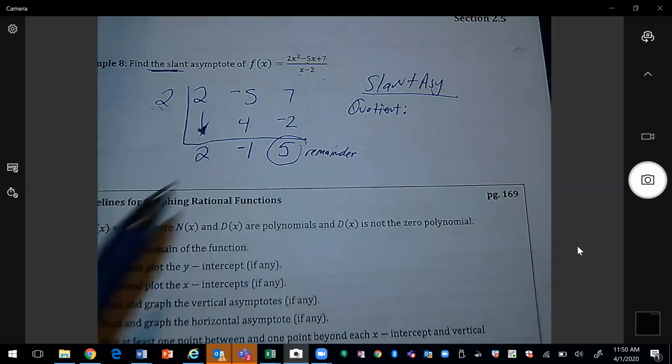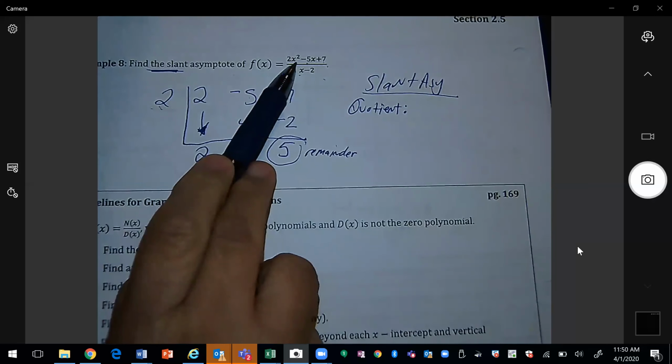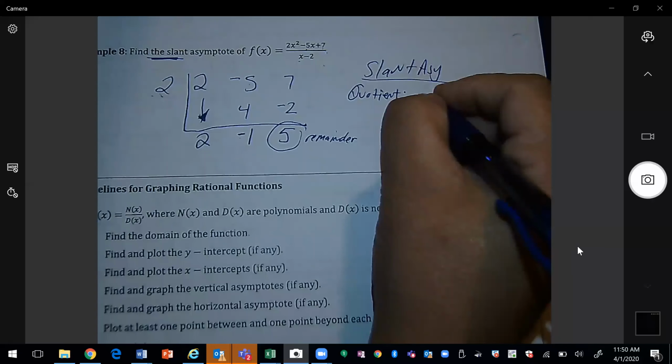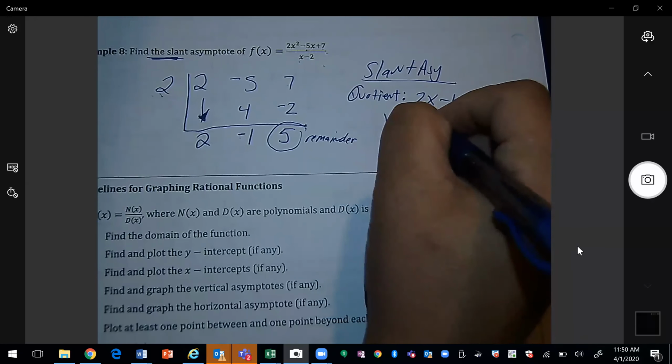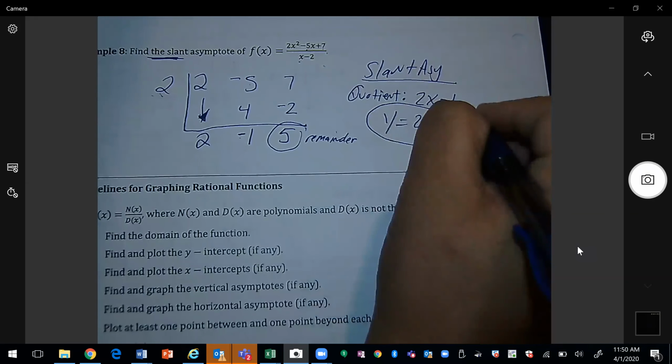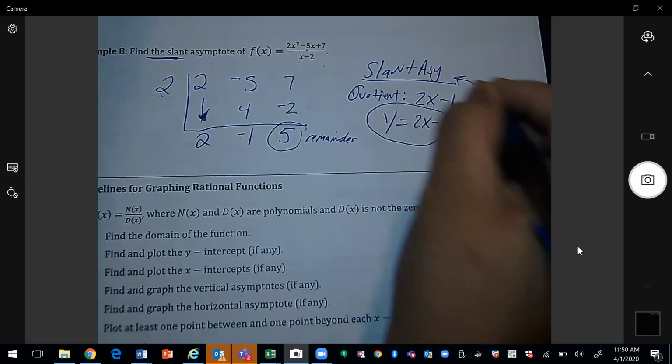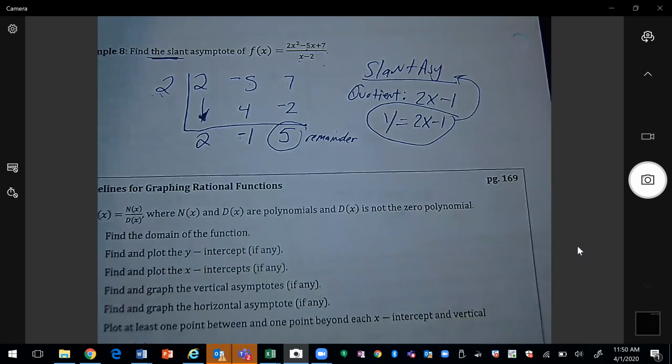Since we started with something that was x squared, we go with 1 power less. So this would be 2x minus 1. So my slant asymptote is 2x minus 1. Okay, so we use synthetic division there to find that asymptote. Okay, let's see. Questions on that?